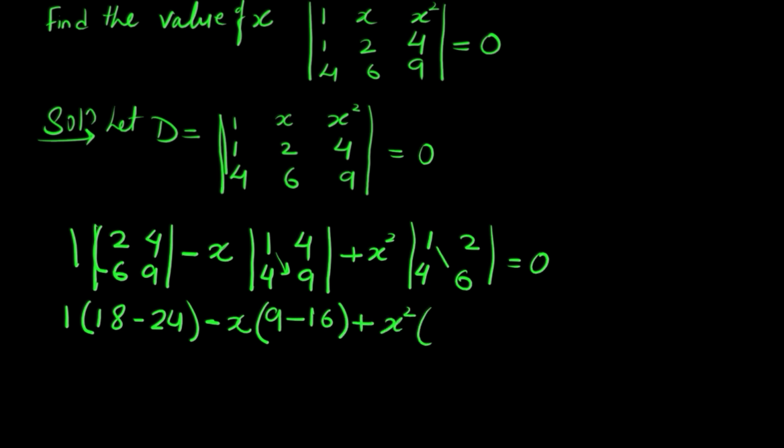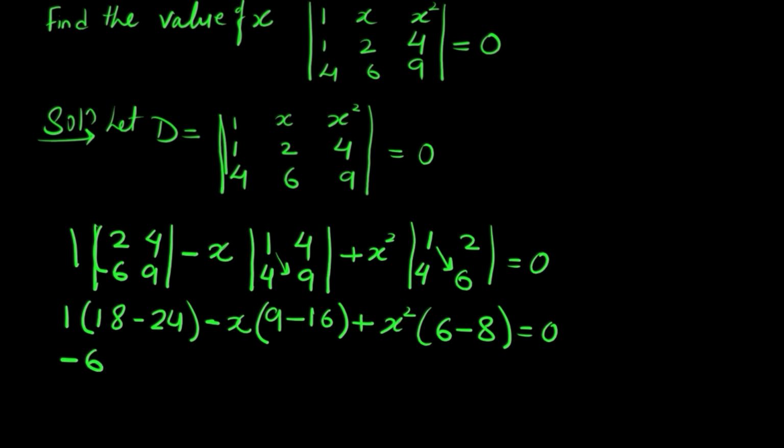Similarly 1 times 6 is 6, minus 4 times 2 is 8, equal to 0. 18 minus 24, plus minus minus, sign of the greater number is minus 6.